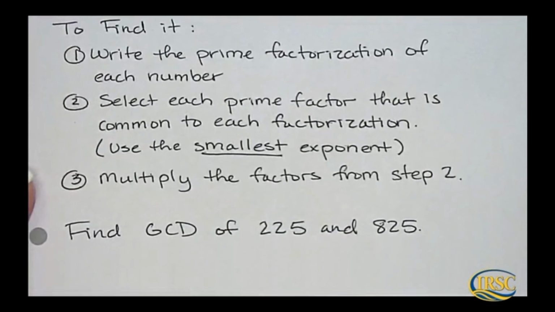So let's say that you wanted to find the GCD of 225 and 825. Now keep in mind that you're looking for a number that divides into both of these numbers, so make a little side note that the GCD is either going to be equal to the smallest number in the list or smaller than that number in order to be able to divide into it.